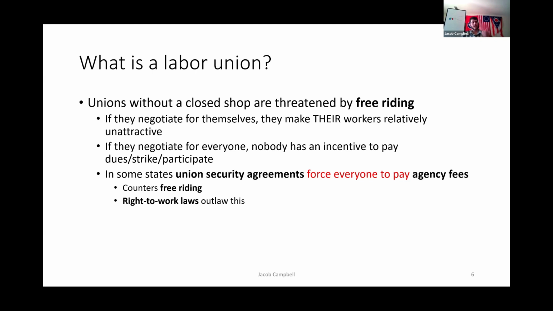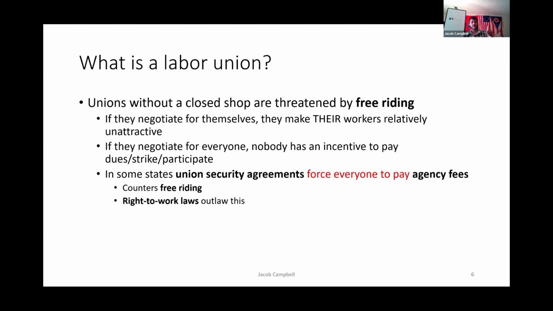Just like how a government needs to be able to impose taxes in order to pay for its public goods, things like roads and police and courts, the union is going to have to be able to impose taxes on the workers at that workplace so that even if they're not willing to participate fully, it can at least go in the strike fund.